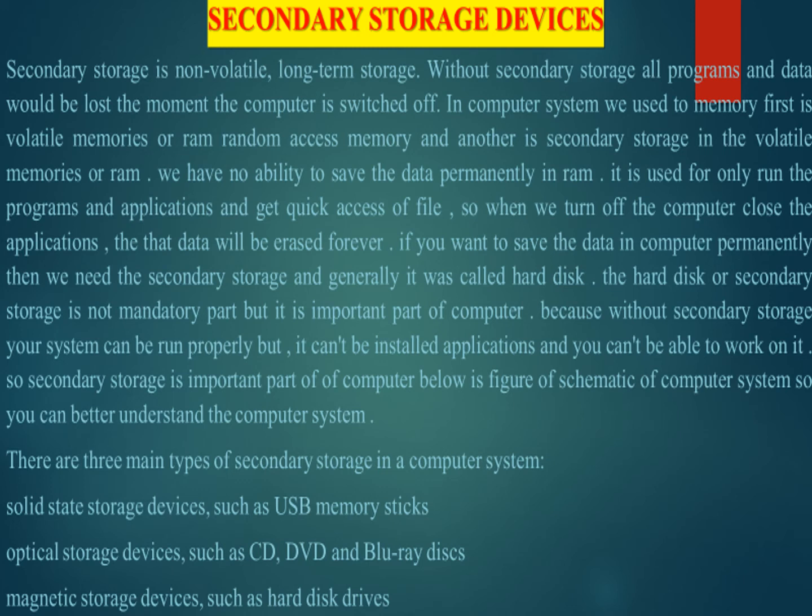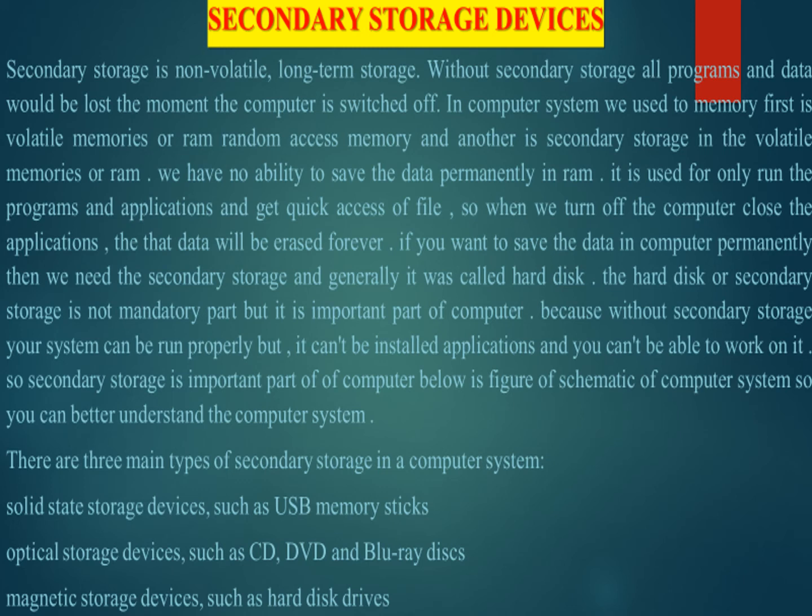In the volatile memory or RAM, we have no ability to save data permanently. It is used only to run programs and applications and to get quick access to files. So when we turn off the computer or close the applications, that data will be erased forever.